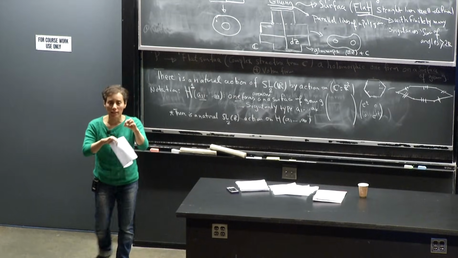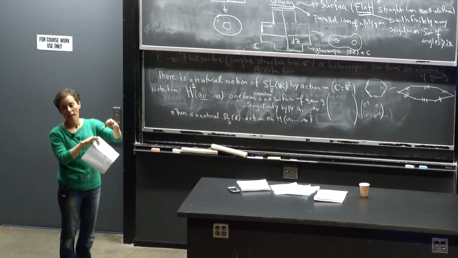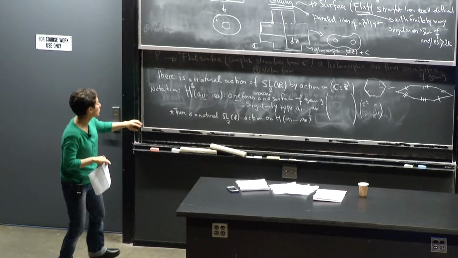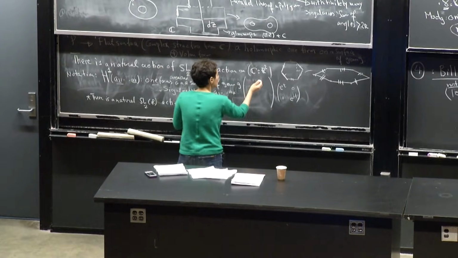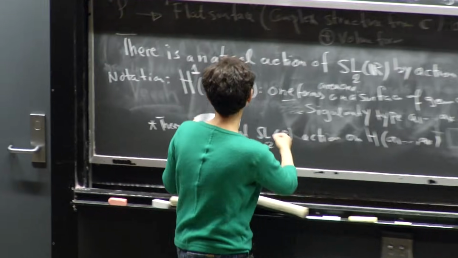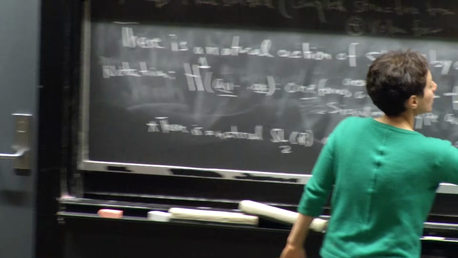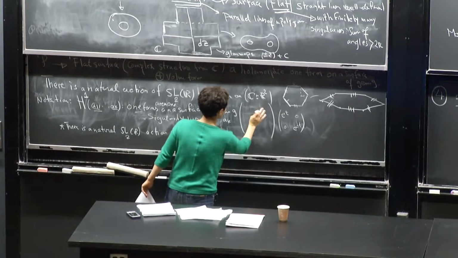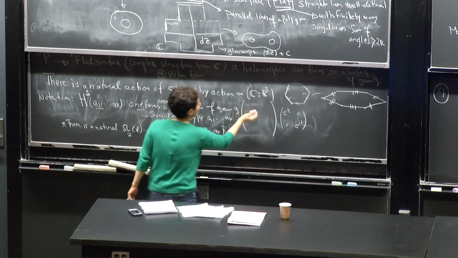You fix the singularity type and look at all holomorphic one forms of that type. There are results about when this is connected. Most of the time it's connected, in most cases except for some hyperelliptic issues.